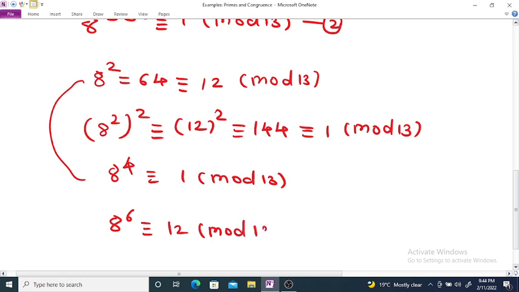If we multiply these two, 8 raised to 2 into 8 raised to 4, it is 8 raised to 6, and 12 into 1 is 12 modulo 13. Say this is equation number 3.